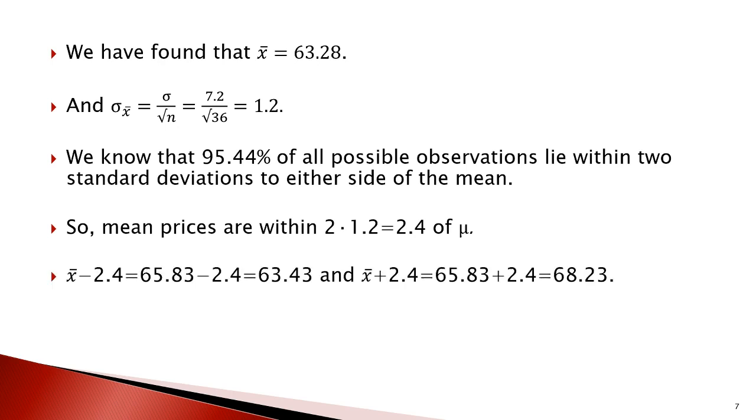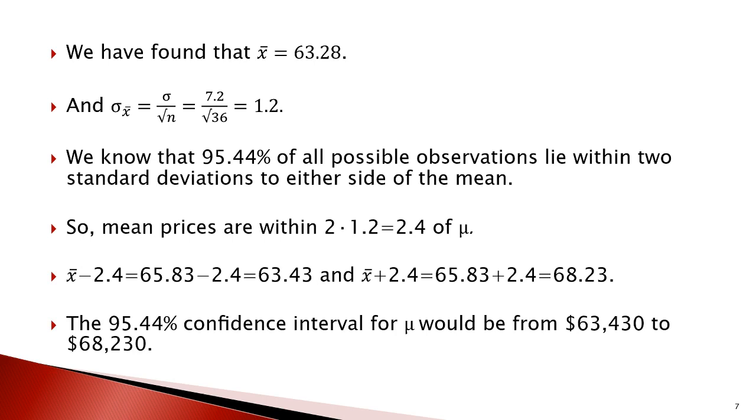The lower bound is found by subtracting 2.4 from x bar, that is 65.83 minus 2.4, that is 63.43.